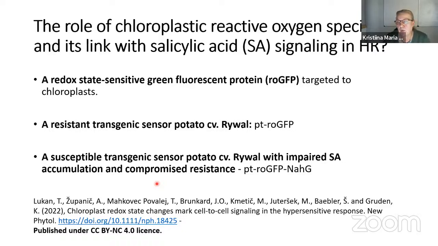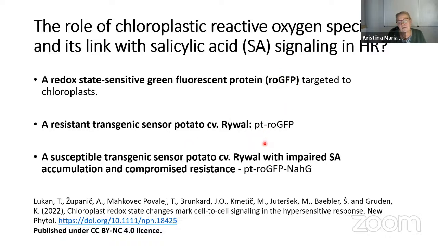Now there are also genetic markers for redox state changes in plants, and one of these redox sensitive markers is GFP, which can also be targeted to the chloroplast by putting the transit peptide into this reporter.